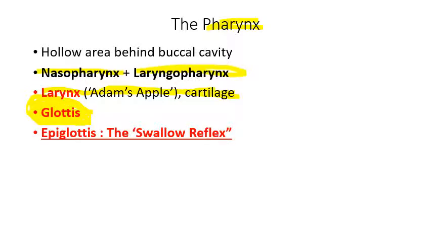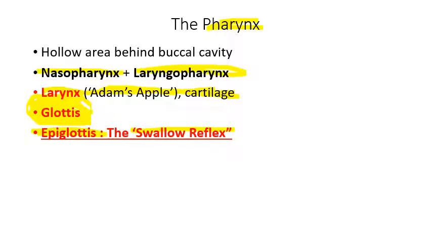So there is a flap of connective tissue called the epiglottis. Remember, the word epi means above, and so the glottis is a chamber where the entry to the trachea and the entry to the esophagus are combined. And we have a flap of tissue called the epiglottis, which is critical to a function called the swallow reflex.